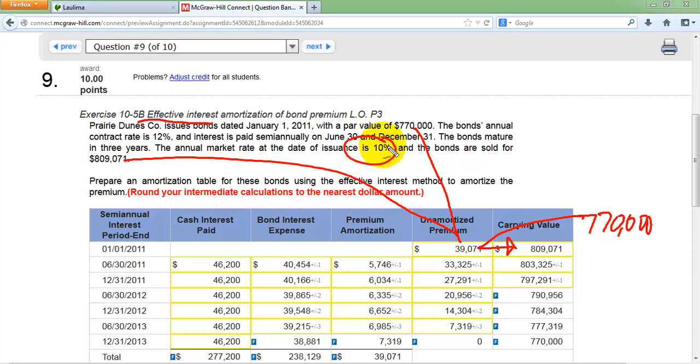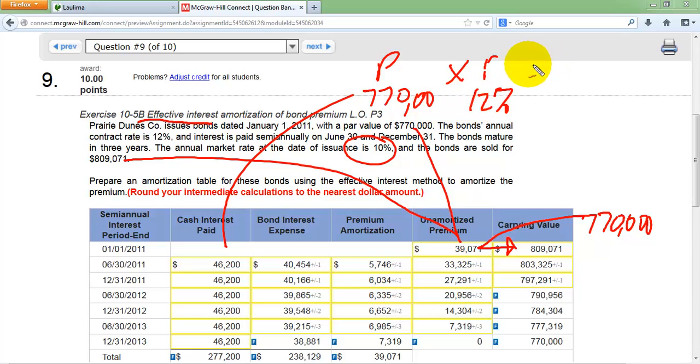Okay, so in filling out this first column, the actual interest we have to pay is that simple interest calculation we've been using throughout the whole semester. So that would be the principal, which is the par value here, $770,000, times the interest rate, here stated on the bond to be 12%.